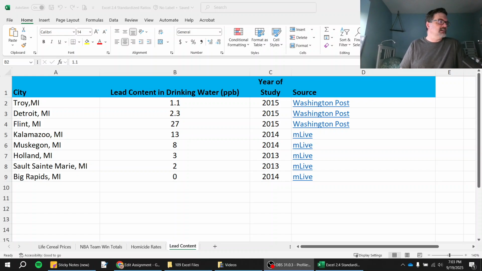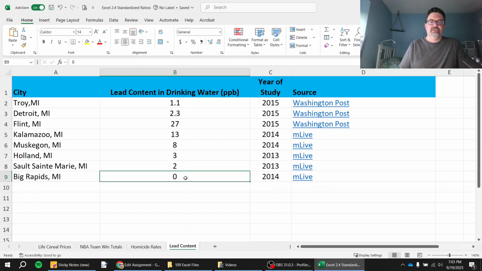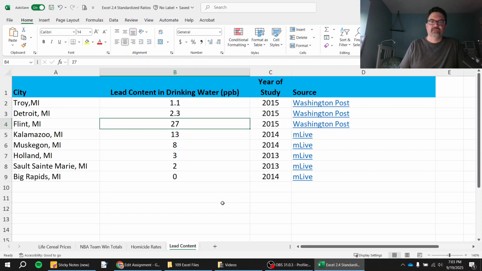So lowest lead content, well, we got a nice fat 0 right there for Big Rapids. Highest is clearly Flint, and that was the problem. 27 is a huge amount of lead. Still parts per billion. So most of your water is water, but there's still enough lead in the water that it's bad. So the rest of these questions get at these different thresholds.